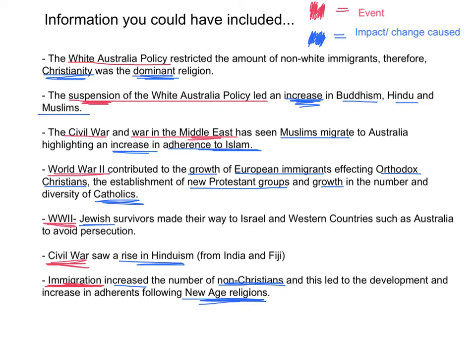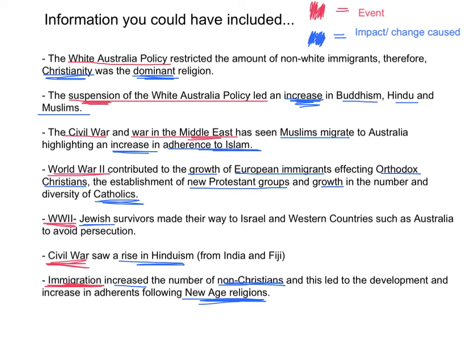Firstly, the impact of the White Australia policy. Having it implemented within Australia restricted the amount of non-white immigrants. Christianity at that time was the dominant religion. When the White Australia policy was abolished, this led to an increase in Buddhism, Hindu and Muslims.